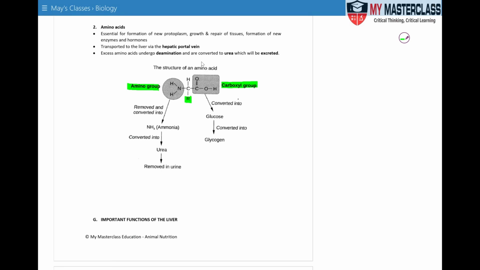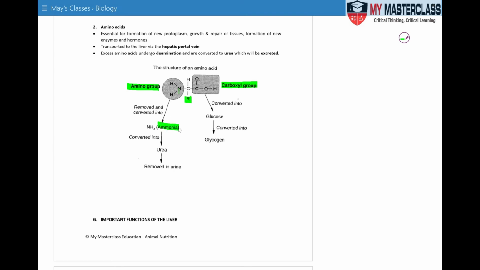In the liver, the carboxyl group is converted into glucose, and excess glucose is converted into glycogen. Now what about the amine group, or the amino group? Because it contains nitrogen, it is converted into ammonia.